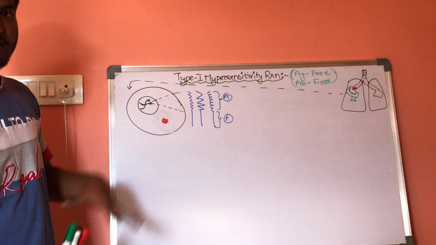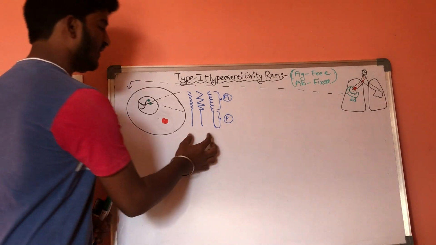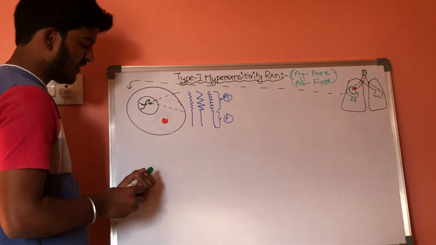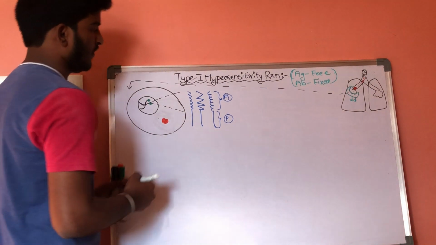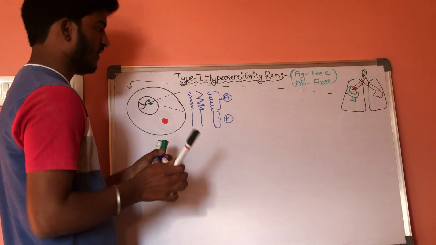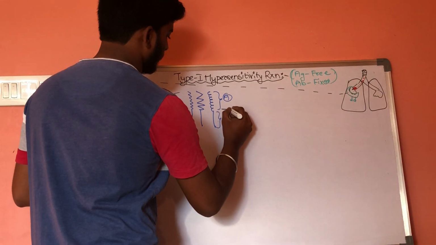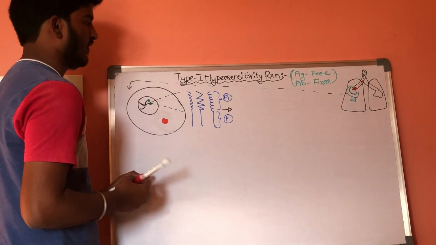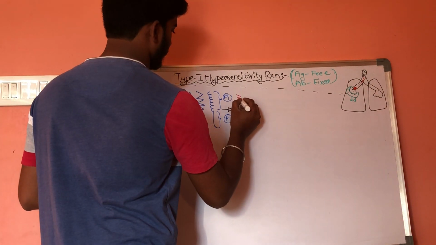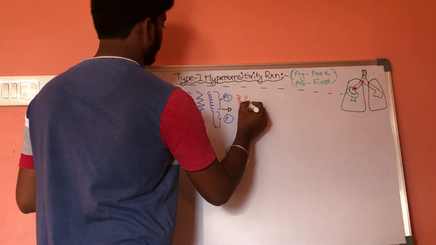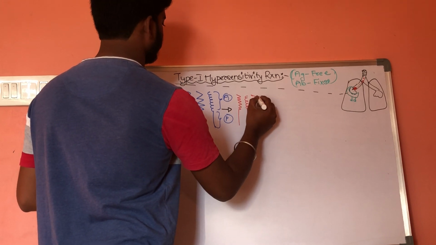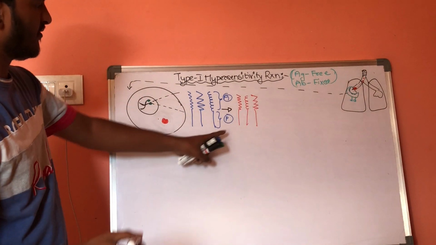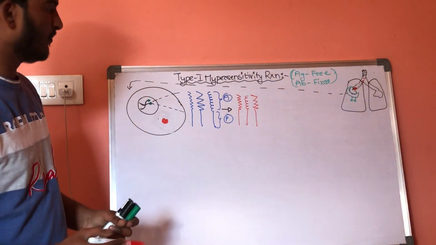Now whenever chromosome number 6 is activated, this genetic material will undergo transcription and translation. It results in the formation of special red color substances. These are the red color substances which are produced from the 6th chromosome.